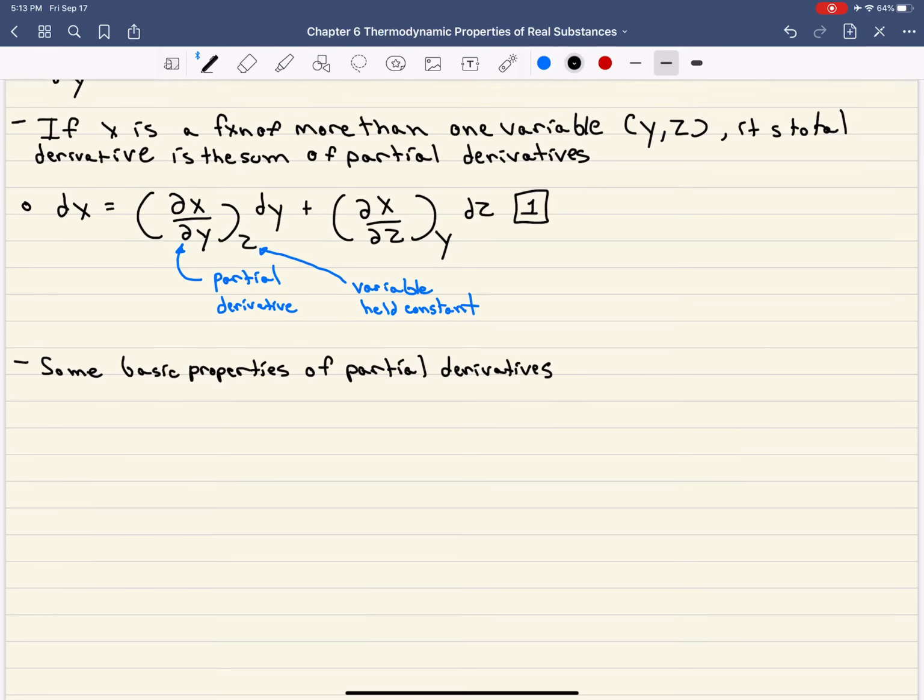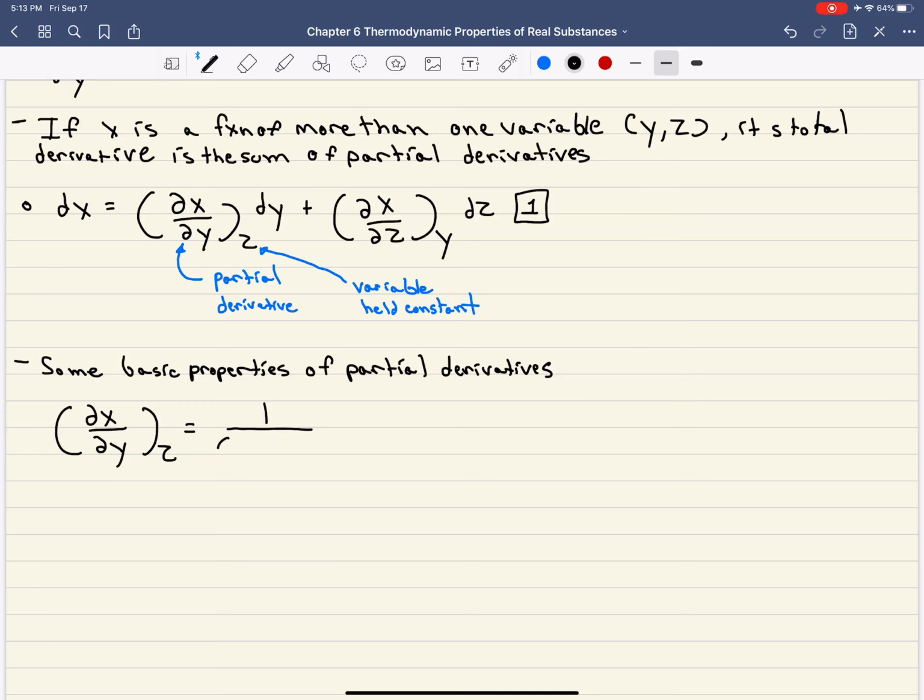And so, if we have the partial derivative of x with respect to y holding z constant, that's going to be the same as saying that we have the reciprocal of the partial derivative of y with respect to x while holding z constant. So once again, you can kind of think of these partial derivatives like fractions, right? And so this is equal to 1 over the reciprocal. Okay?